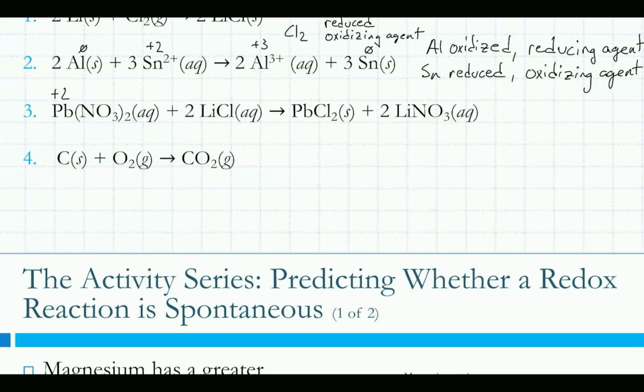Lithium here would be, yep. Chloride, I should say. And then in the products, notice I skipped nitrate because really it would be nitrogen, but I'll show you what to look at in a second. Does the charge of lead change? Nope, it is still plus 2. And chloride?